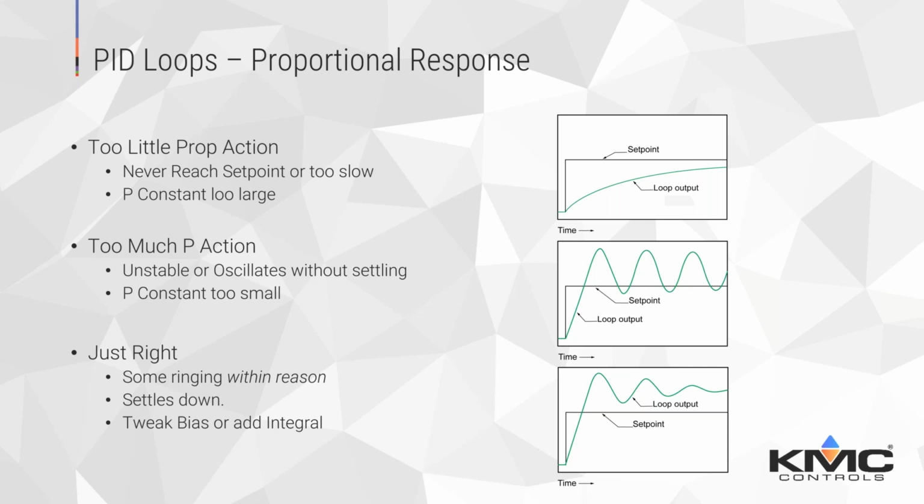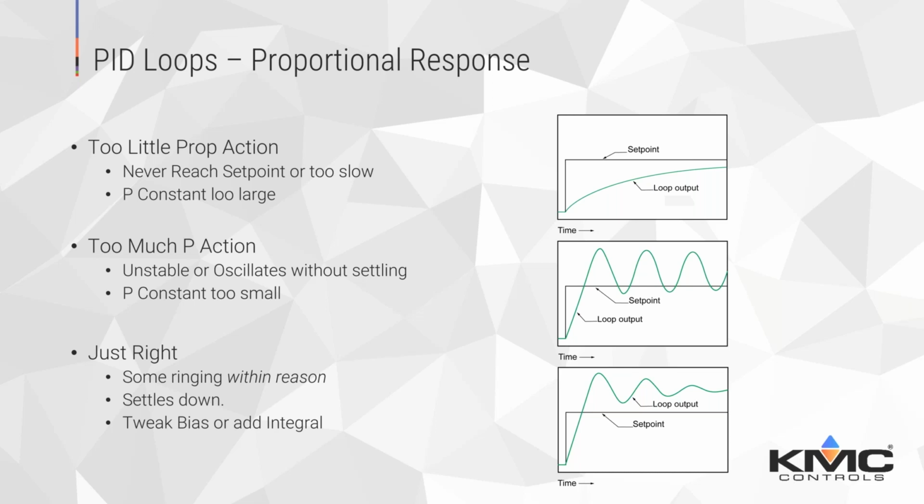And then the bottom's kind of the Goldilocks number. It's just right. We have some ringing as we come in to a steady state within reason. Some ringing is good and some ringing is normal. The thing to look for is that the amplitude of the ringing is starting to settle down and approach a constant number.